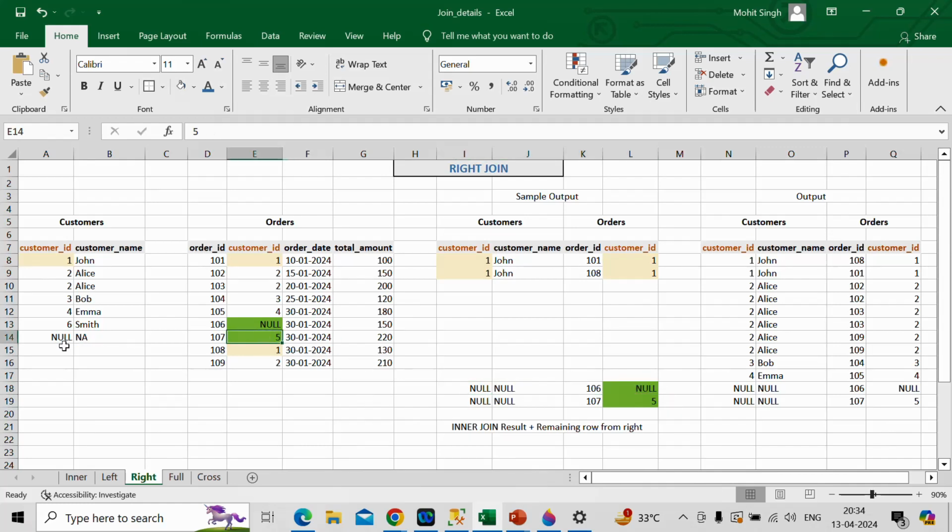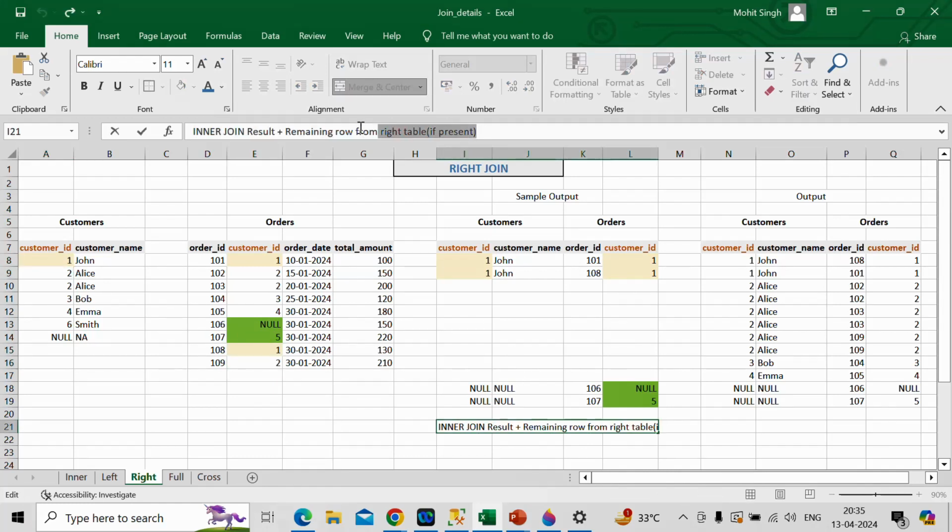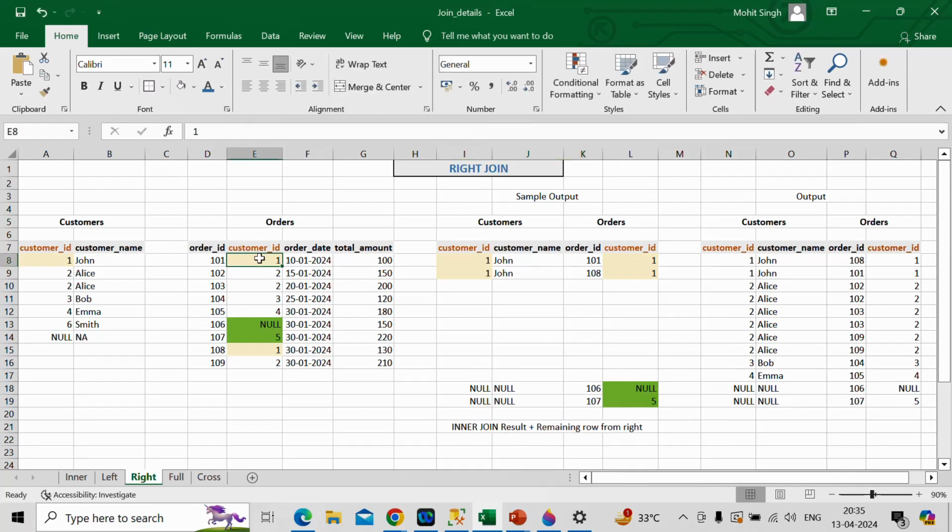5, no match found in the customers table. So we have got another row here corresponding to 5. Okay. Again 1, we have a matching row. Again 2, we have a matching row. So to get the remaining rows from the right table, we can start matching the records from the right table itself.